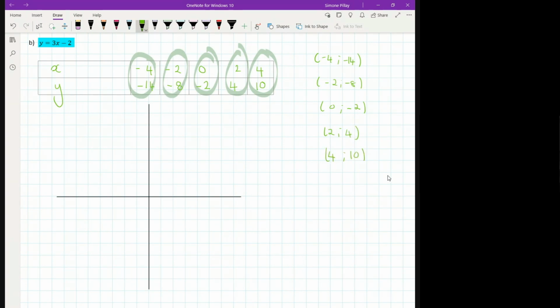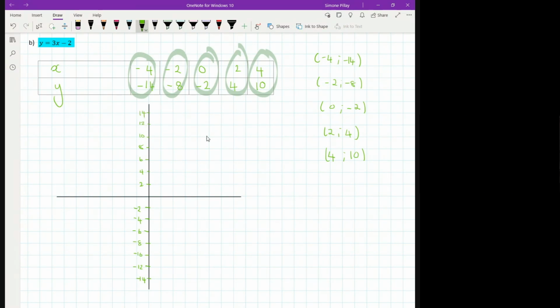Now, I see all my coordinates here. I know I need to get to negative 14 on my y-axis. So immediately I'm going to number them in 2 intervals: negative 2, negative 4, negative 6, negative 8, negative 10, negative 12, and negative 14, and positive 2, 4, 6, 8, 10, 12, and 14.